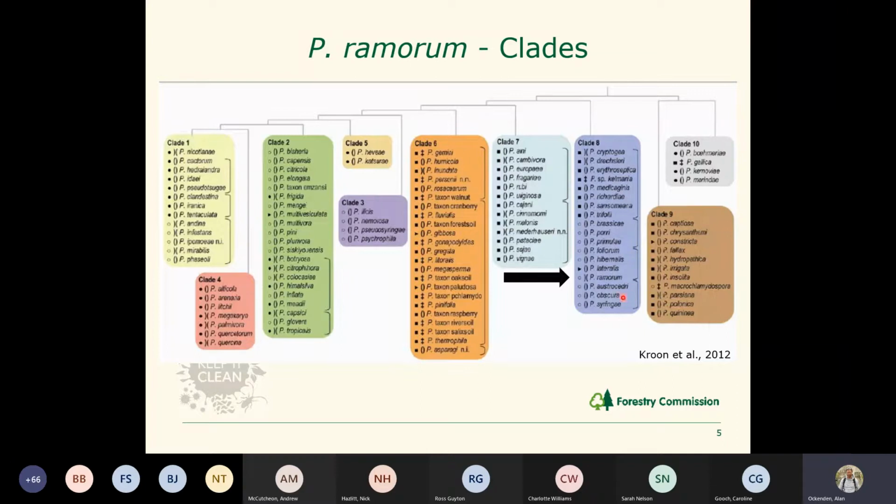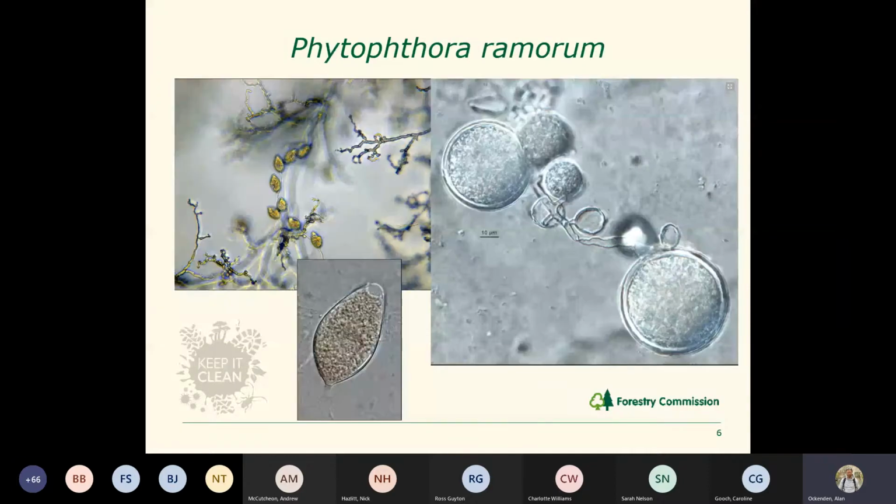We're going to look at ramorum for this bit, but in that same clade 8, there are other interesting pathogens like Phytophthora lateralis, ostracedri and syringae, and citricola as well. Some of you with really sharp eyes will see infestans, which is potato blight, sat all the way over there in clade 1. All sorts sit within there that are rather good at killing plants, unfortunately.